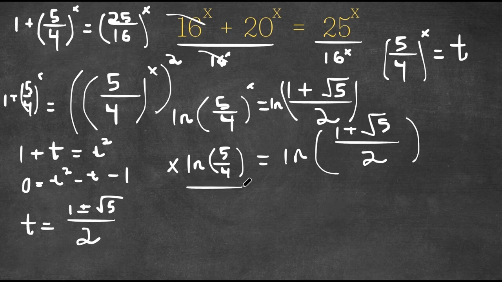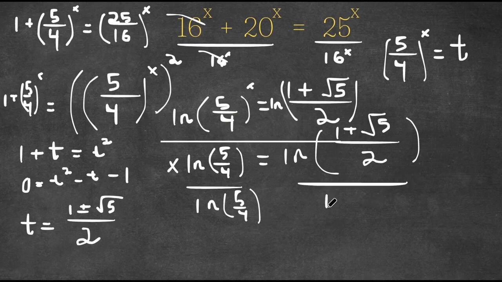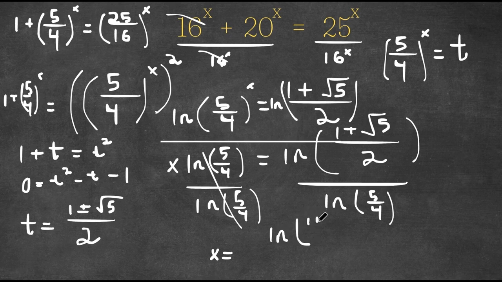So now if I divide ln 5 over 4 on both sides, these two cancel out and I get x is equal to ln 1 plus the square root of 5 over 2.